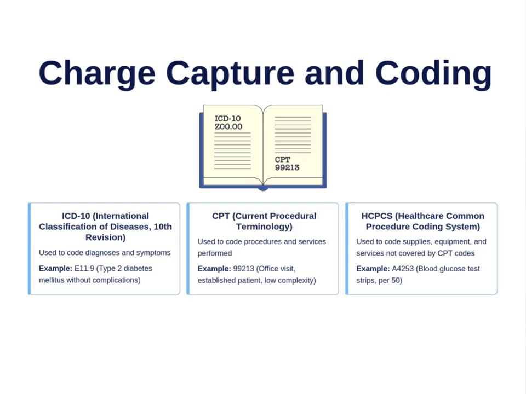Any type of procedure or service would have a CPT code. Oftentimes, the superbill or encounter form will have the most common ICD-10 and CPT codes used in that facility, so that they can just check a box, and it's already in there, so nobody's having to look up what these codes are.